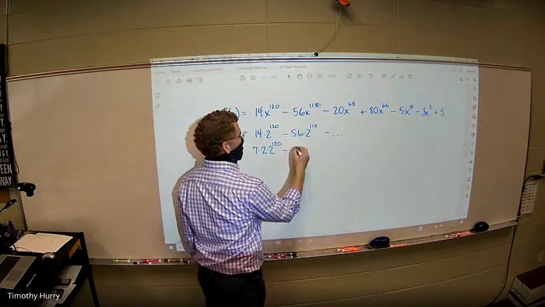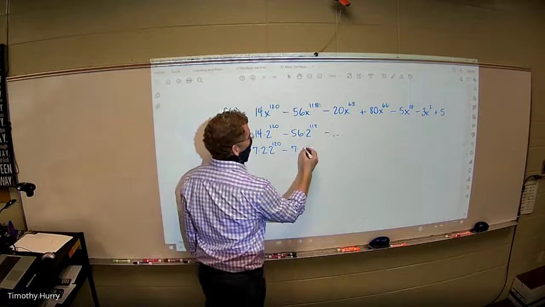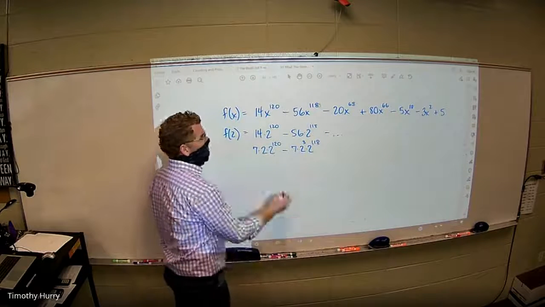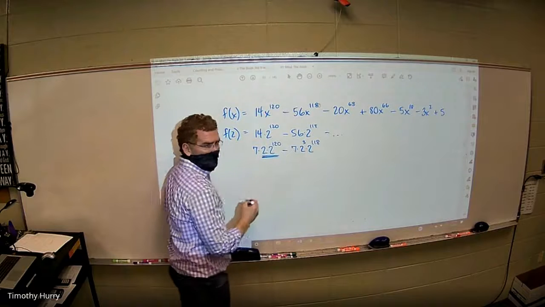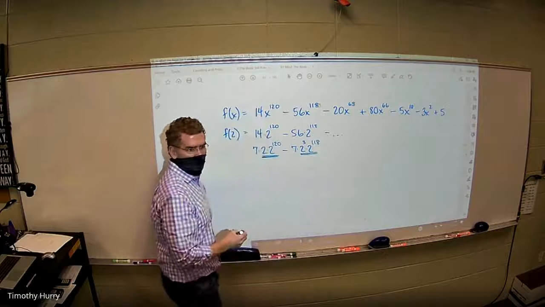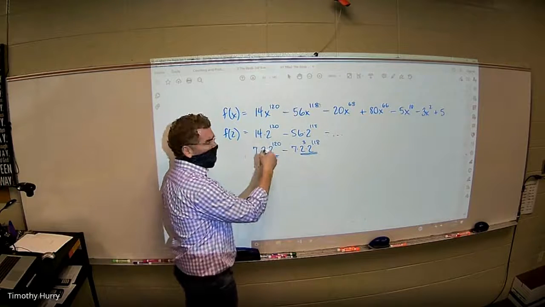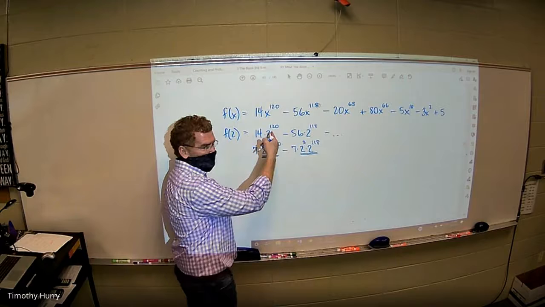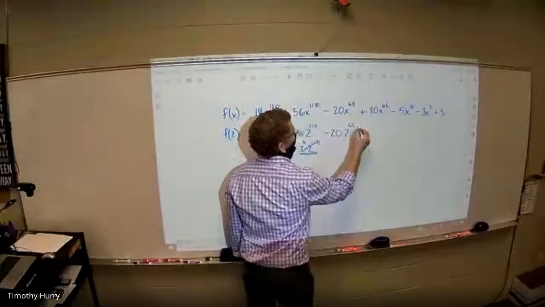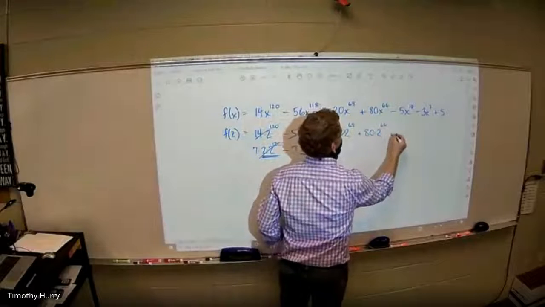Isn't that really a 7 times a 2 times a 2 to the 120? And isn't that a 7 times an 8, which is 2 cubed, times 2 to the 118? And isn't that really 2 to the 121 when I multiply together? Yes. Oh, and so I literally have 7 times 2 to the 120. Negative 20 times that, and this gives me 80 times that, right?